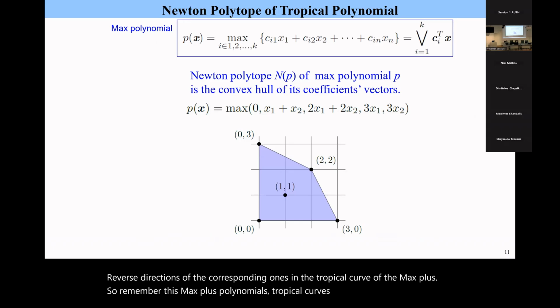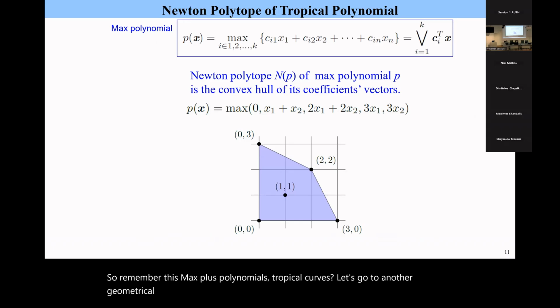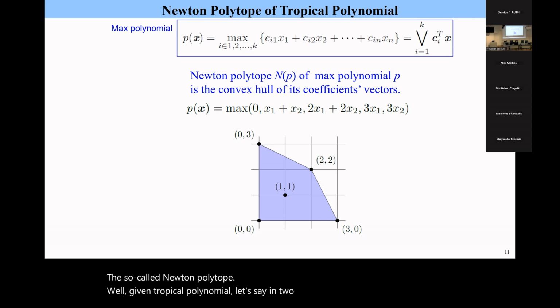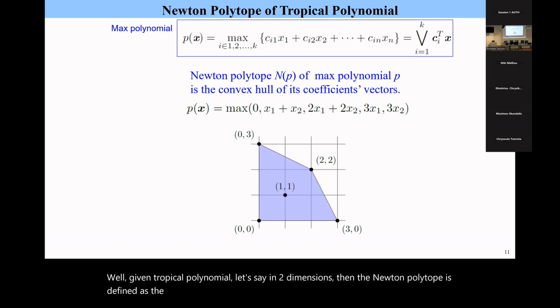Let's go to another geometrical object of tropical geometry, the so-called Newton polytope. Given a tropical polynomial, let's say in 2 dimensions, the Newton polytope is defined as the convex hull of its coefficient vectors.